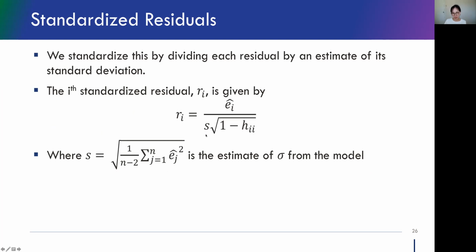Since sigma is unknown, we estimate this S from the data. That's our sample standard deviation, that's our S, and this r_i is the standardized residual. So that's just the residual divided by its standard deviation.